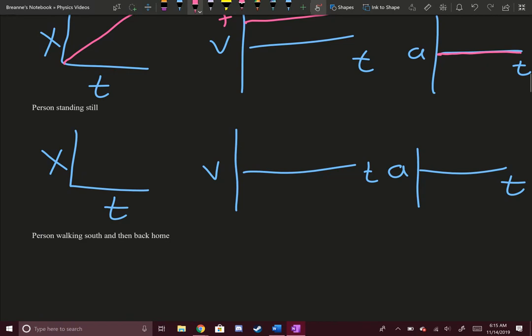To show no change in position, you just do a straight line. That's a horrible straight line. Let's try that again. Just a straight line. And for a position versus time graph, your slope is velocity, and that's a zero slope. So it's a straight line at zero, and the rest are straight lines at zero. That's one of the easier ones.